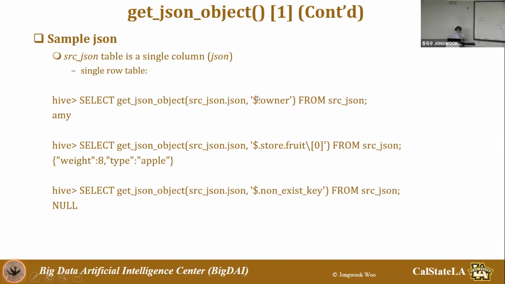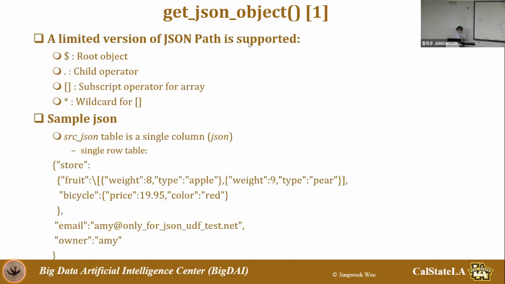So for example, if you remember, there is a $ sign, there is the root, and then root.owner element. Okay. If you look at here, root is somewhere here, because this is the element.